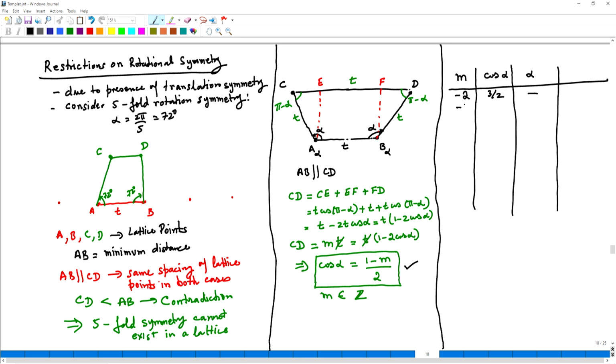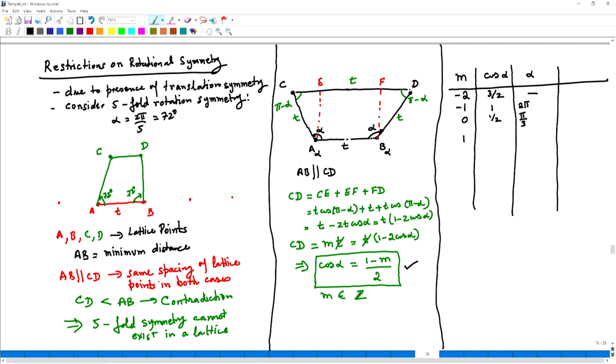Let us try minus 1. If I put minus 1 in this, this will become 2 upon 2, which is 1, and alpha can be 0 or 2 pi, but we will take 2 pi. If I take the value of m to be 0, then cos alpha would be half. So, half means alpha would be 60 degrees or pi by 3.